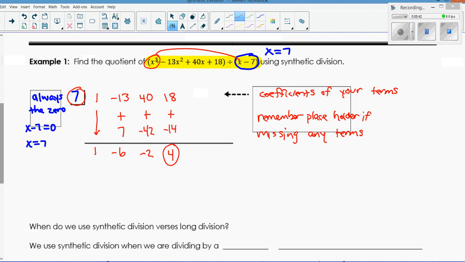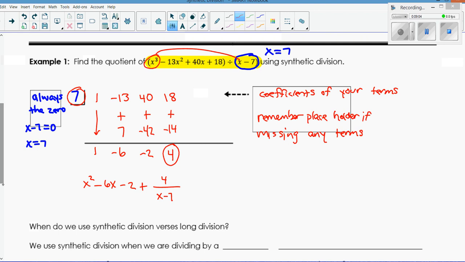So instead of x to the third, it's x squared. That's how I know that this 1 right here represents the next term down, x squared. And then I just follow in order that the next term would be minus 6x minus 2 plus 4 over x minus 7. And I just got the exact same answers up above, and it is way easier than doing long division.